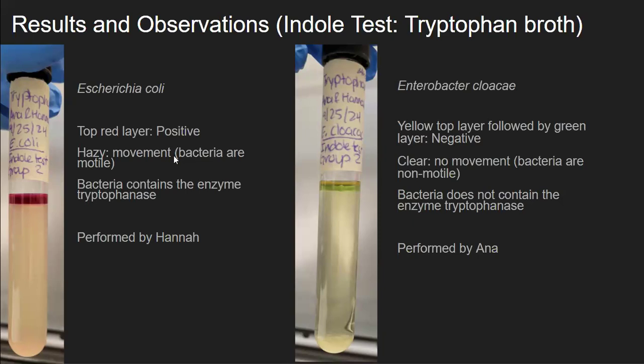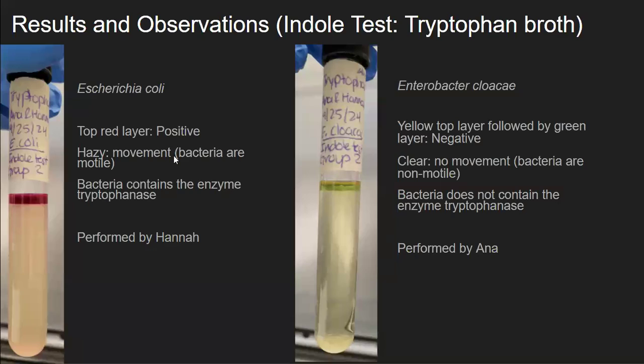For E. coli, the top red layer was positive with hazy movement, which means the bacteria are motile, and the bacteria contain the enzyme tryptophanase. For Enterobacter cloacae, there was a yellow top layer followed by a green layer, indicating a negative test. It was also clear with no movement, indicating that the bacteria are non-motile.